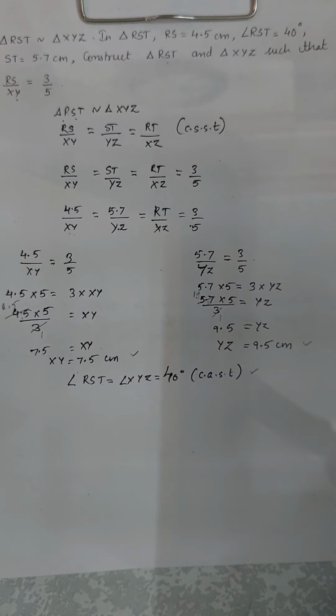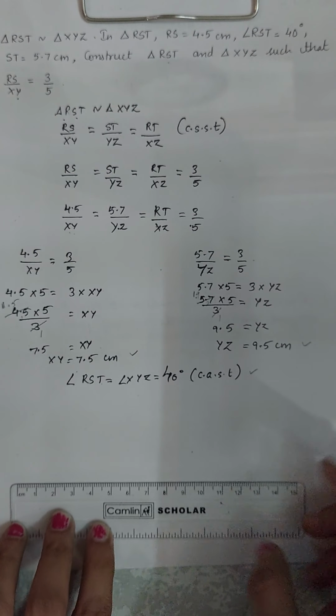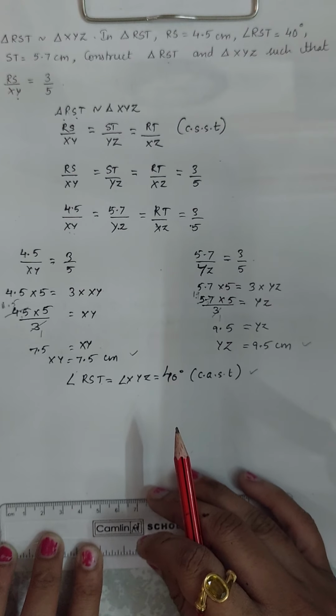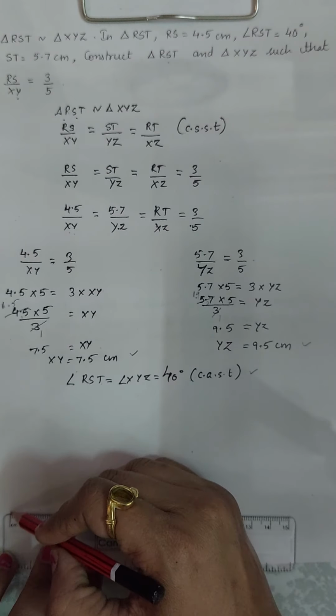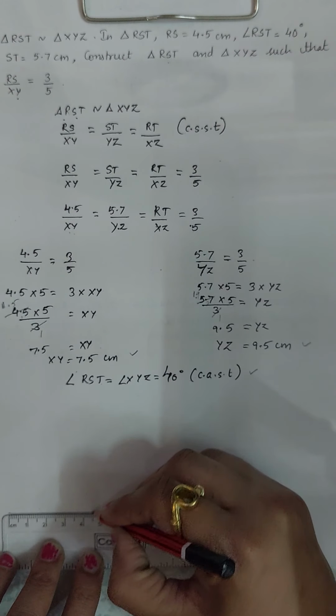So for this, we are first going to draw the triangle which is given to us already. So we will draw RS as 4.5 as a base. So I draw it 4.5 here. This is 4.5.